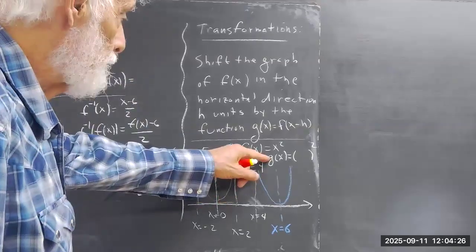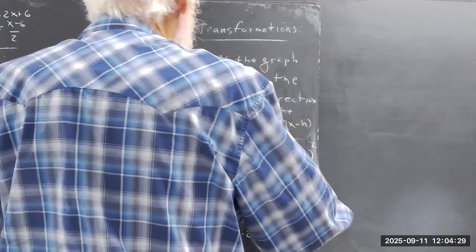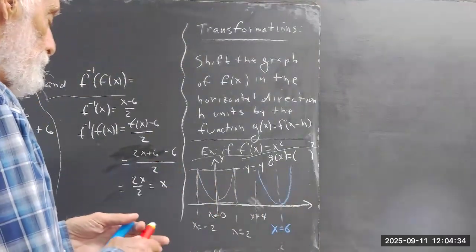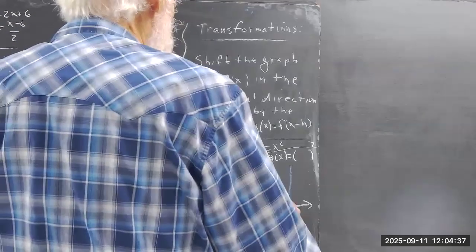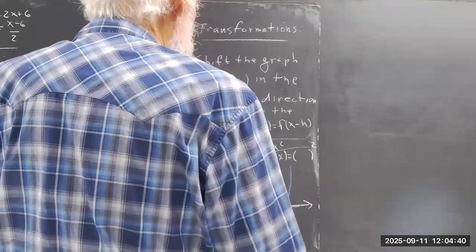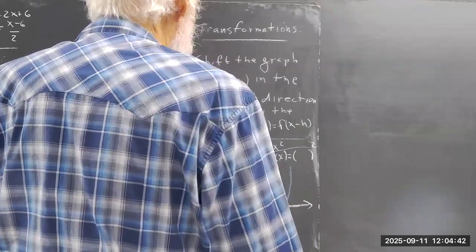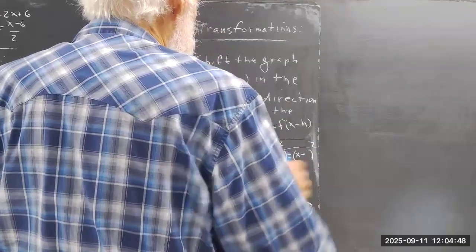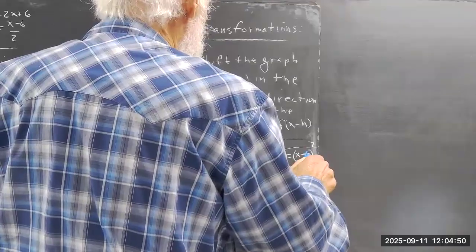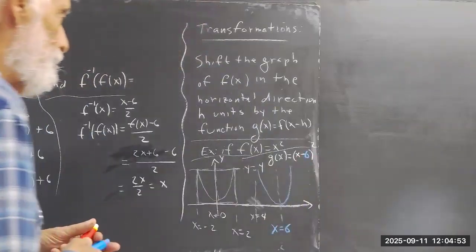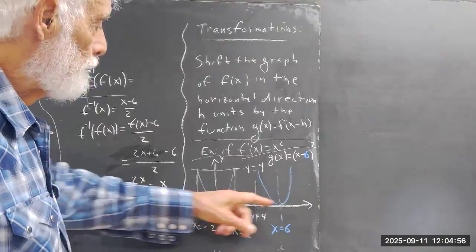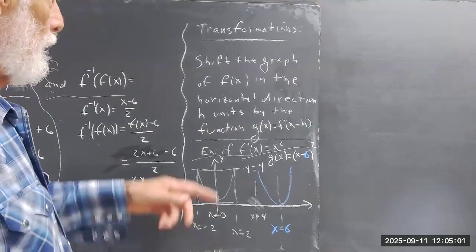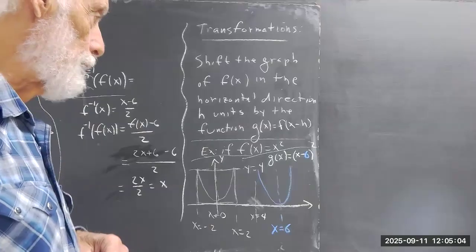Okay, so what's this function here? If this parabola is an exact copy of this parabola, then this graph would be g of x equals x minus 6, because the graph was moved 6 units in the horizontal direction.